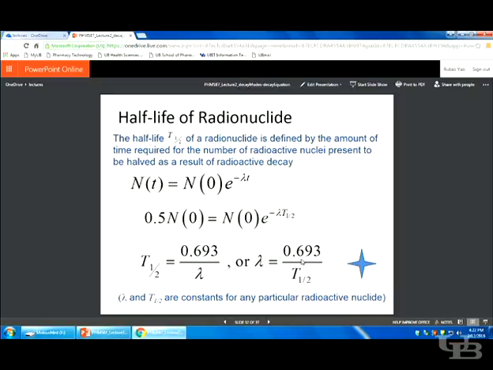Yeah, actually, you will see the very same formula. We change the symbols a little bit for attenuation. We replace the decay constant with the attenuation coefficient, and we also have the half-value layer.